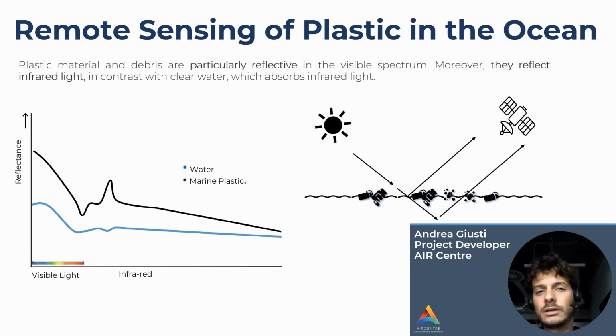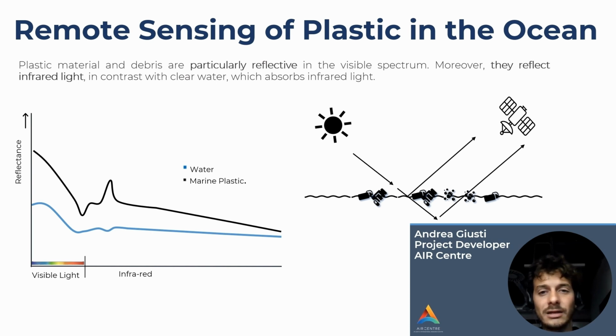Now that we saw the different patterns and spectral signatures of water, let's try to put it next to the plastic one and see how we can differentiate these two materials. And this differentiation is possible because this material exhibits a unique behavior when it comes to interacting with light. Plastic, along with various types of debris, stands out by being very much reflective in the visible part of the light spectrum.